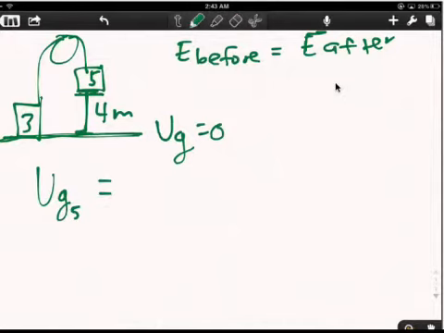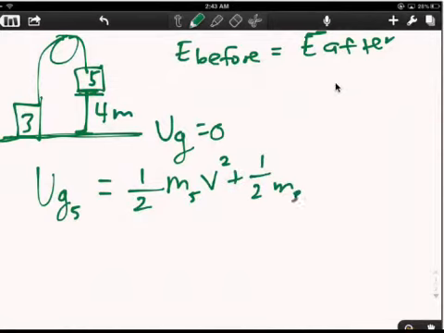And then after, both blocks will be moving. Since they're connected, they will have the same speed. But they have different amounts of kinetic energy since they have different masses. And now the 3 block will have some potential energy.